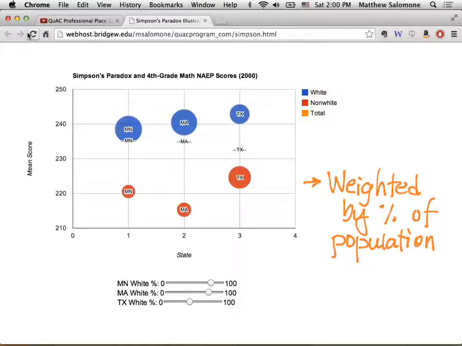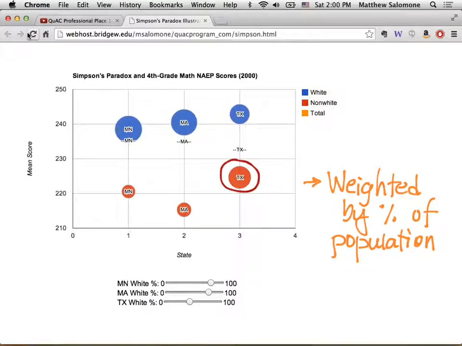Well, so if you made the minority population in Texas smaller, the mean goes up, because currently the mean is being pulled down by the larger minority population.